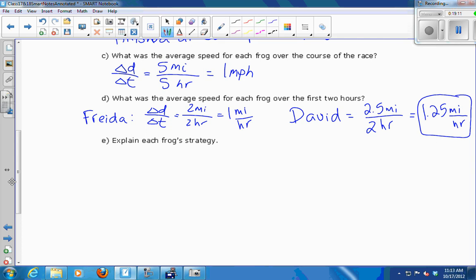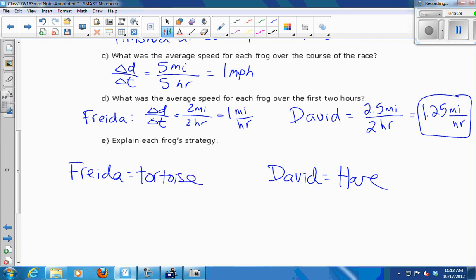Some people were saying the tortoise and the hare. Who would the hare have been? Right. David would be the hare, right? And Frida would be the tortoise. Slow and steady. Although slow and steady didn't win the race, it tied the race, right? Good.